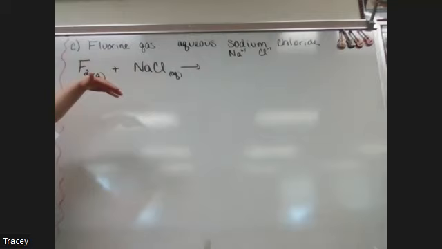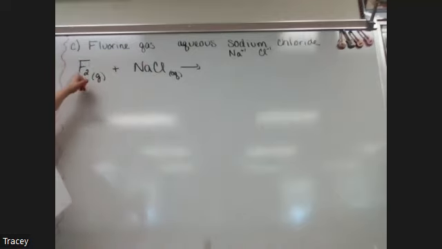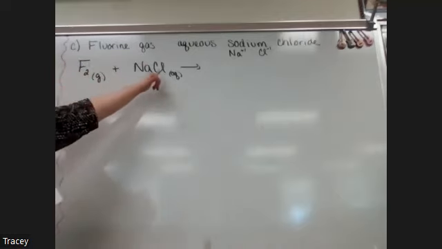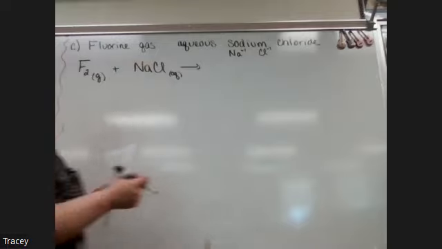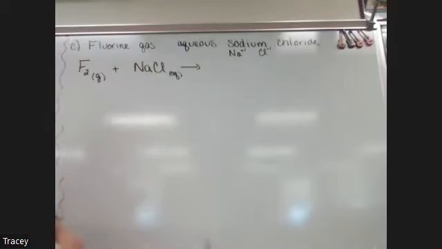On your blue sheet is the little tiny chart on the right side of your blue sheet. So you'll find that F2 is in fact higher on the activity series of non-metals than Cl. So we're going to displace Cl. Now non-metals are genuine diatomics.